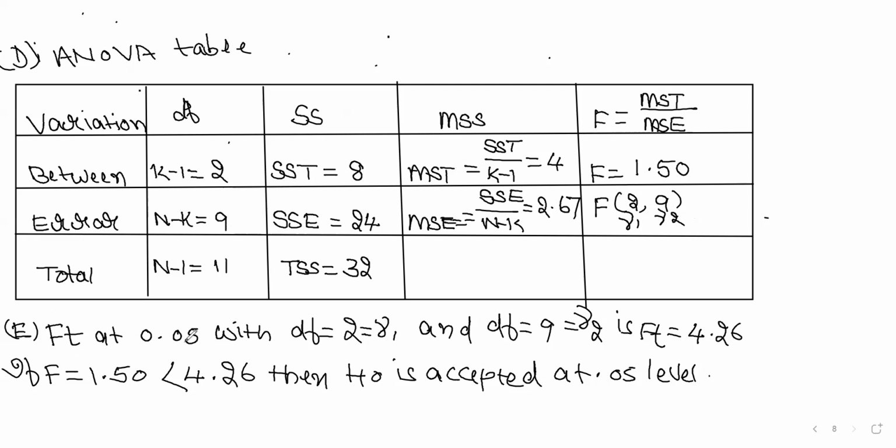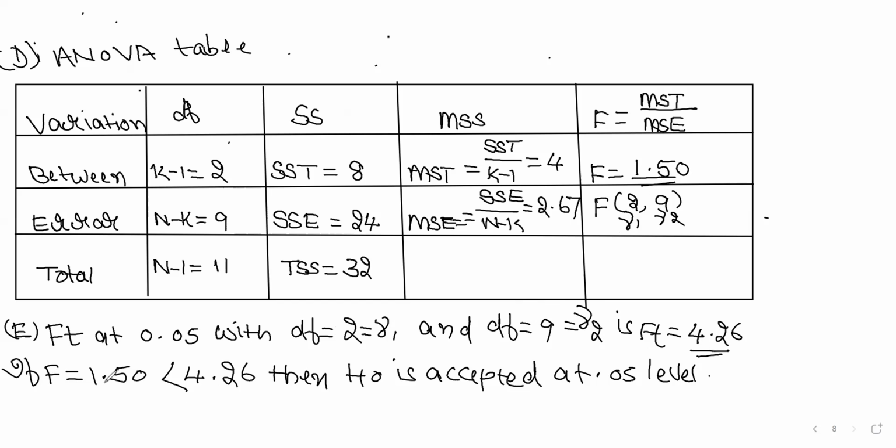Look here, F table at 0.05, means open the 5% table, with degrees of freedom DF equal to 2, means nu1 equal to 2, and degrees of freedom 9, nu2 equal to 9. In the table, you can see 2 and 9 gives 4.26. Now you compare this value with the calculated F value.